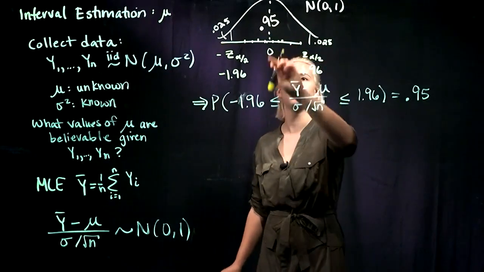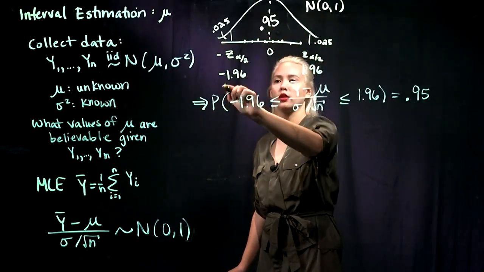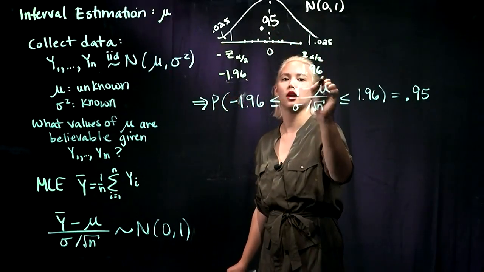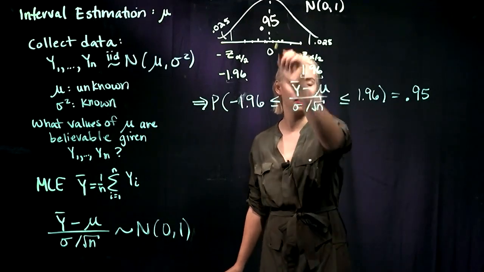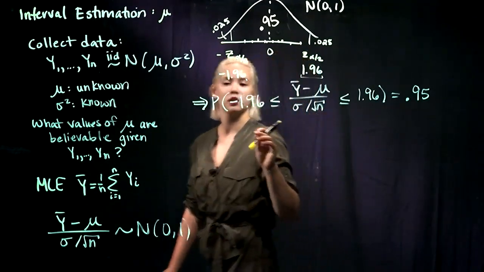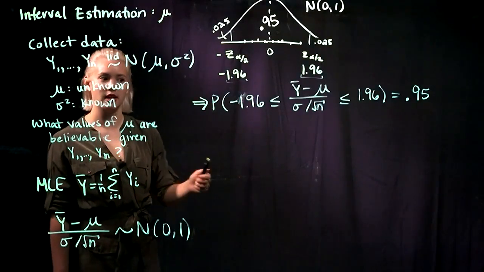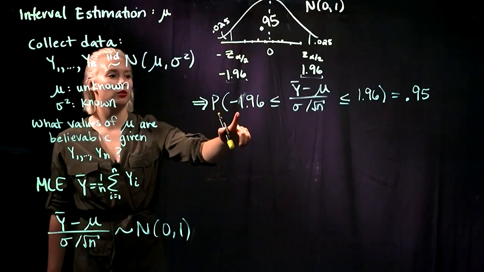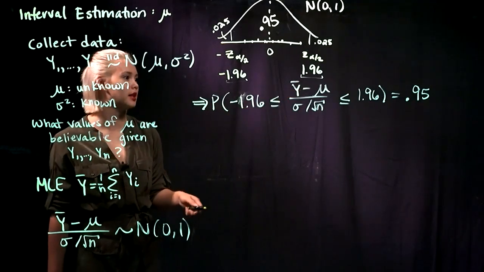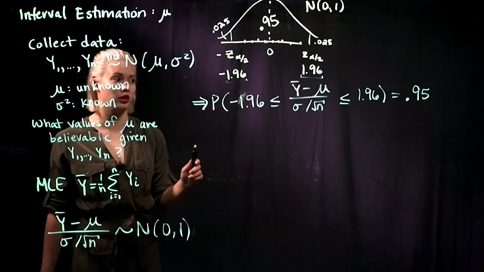Because that's how we set it up, we chose 95%, then went and looked for these cutoffs so that we got 95% in the middle. So that probability is set up to be intentionally 0.95.